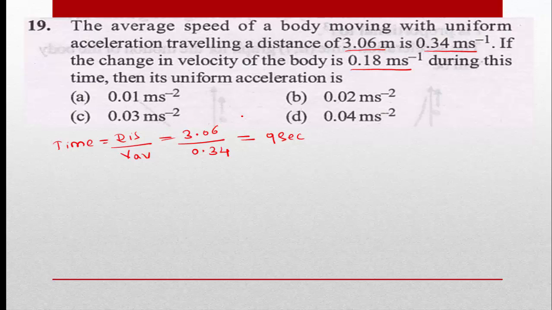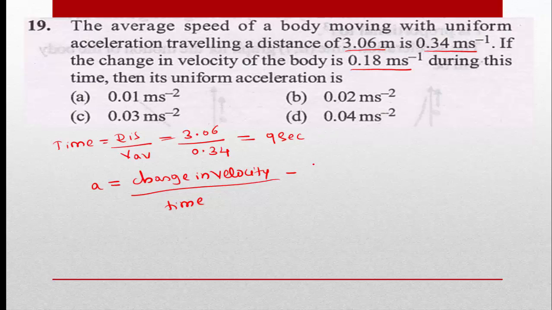If the change in velocity of the body is 0.18 meter per second during this time, the uniform acceleration a is equal to change in velocity divided by time.